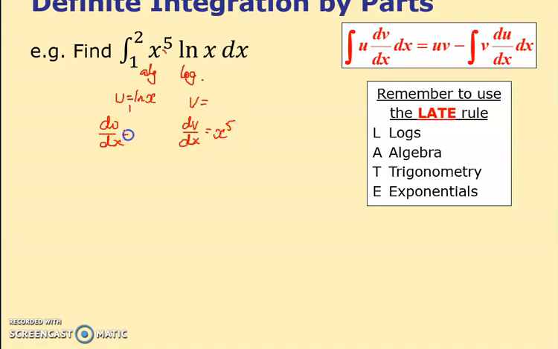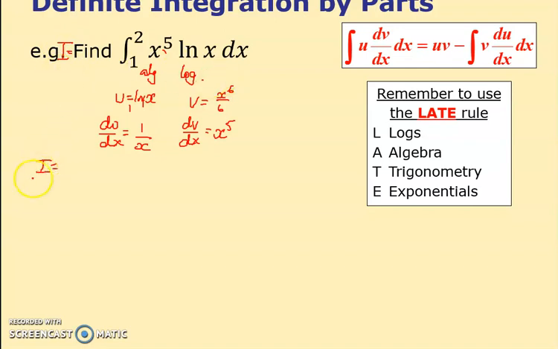So this one I differentiate. If you differentiate log, you get 1 over x. If you integrate x to the 5, add the power, divide by the power. And it's because you end up with this algebraic thing here when you differentiate log, that's the reason we do it. So set this equal to I, therefore the integral.